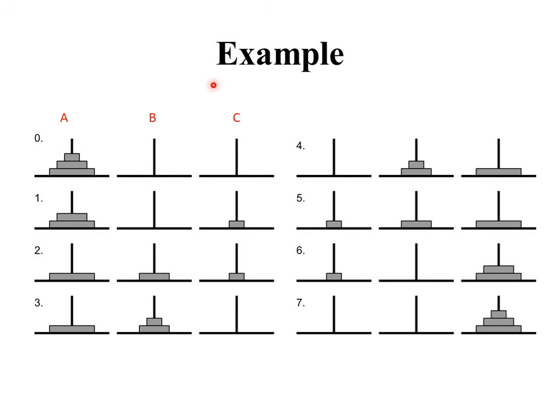Example for Tower of Hanoi. In the given figure there are 3 rods A, B and C, or you can say pegs or towers. Tower A contains a stack of discs in decreasing order of size.